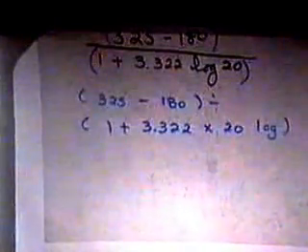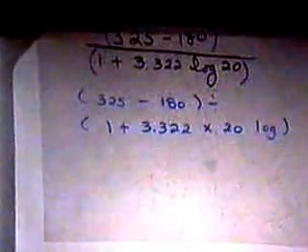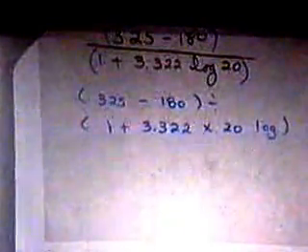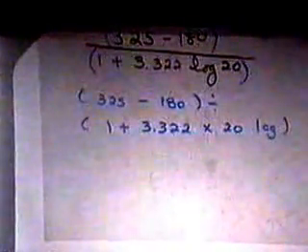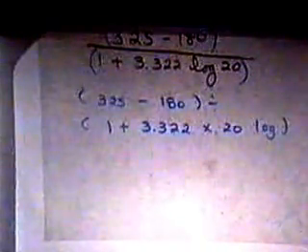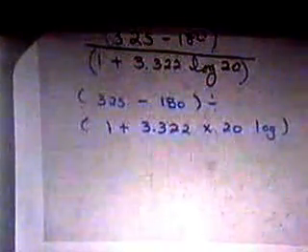Now try that on your calculator to make sure you know how your calculator works. If you have a graphing calculator, these two are reversed. If you have the TI 81, 82, these two numbers have to be reversed. You hit the log first.